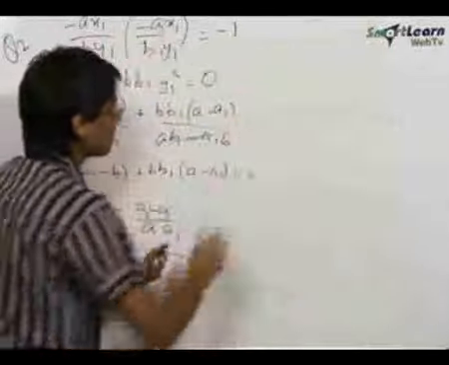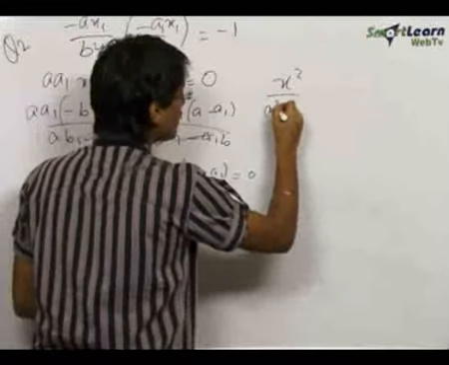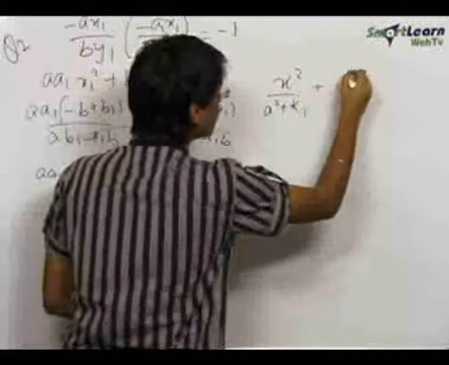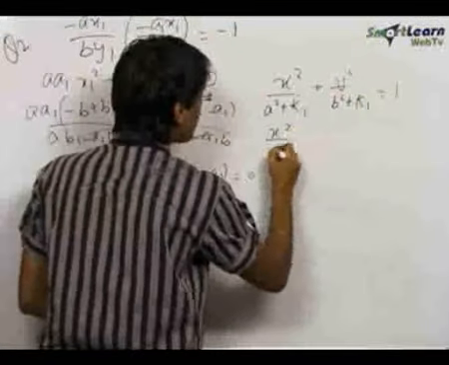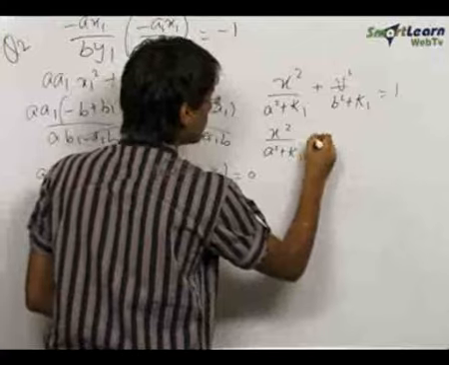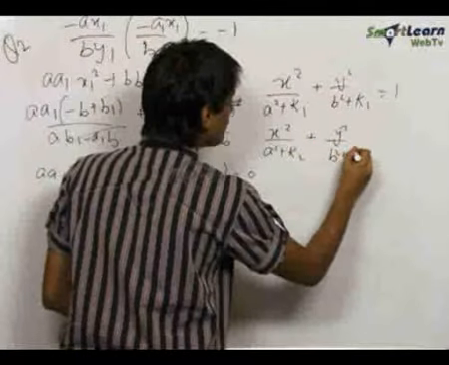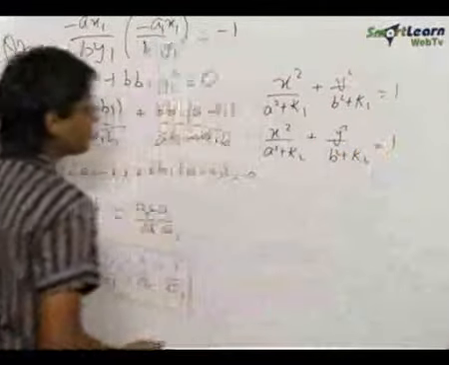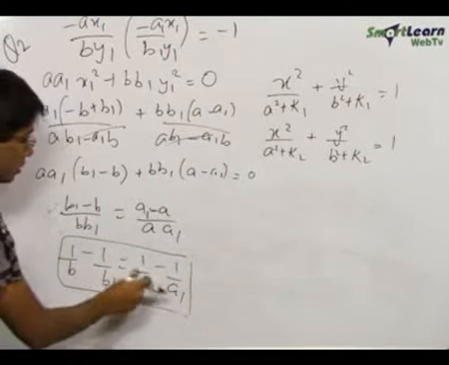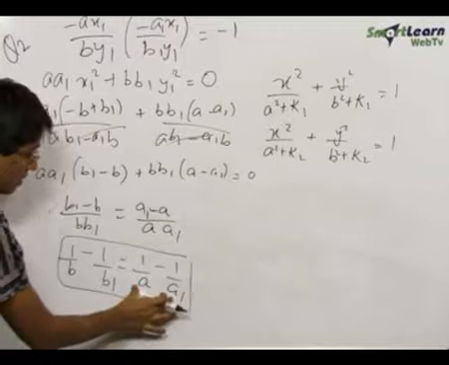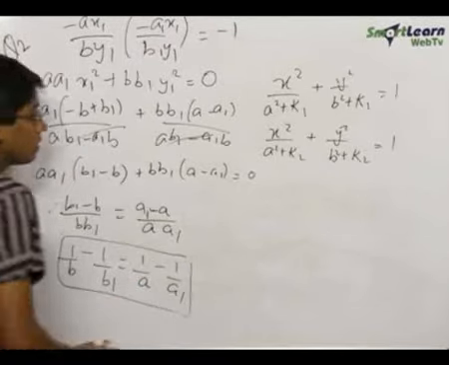the curves x²/(a²+k1) + y²/(b²+k1) = 1 and x²/(a²+k2) + y²/(b²+k2) = 1 cut orthogonally. So we'll use the relation and try to see whether the two sides are equal or not.